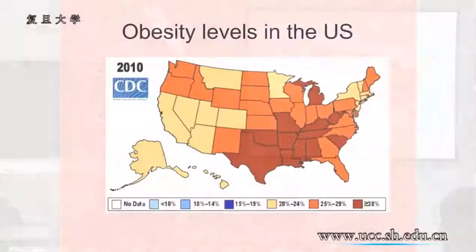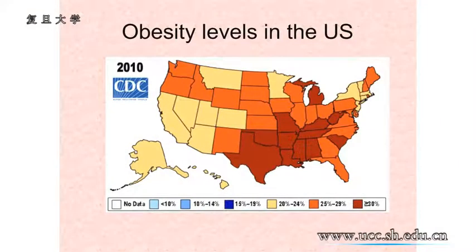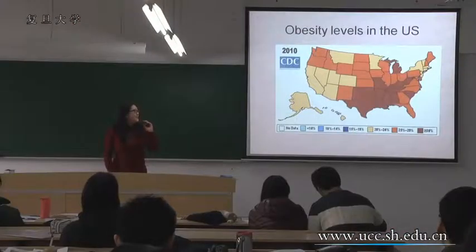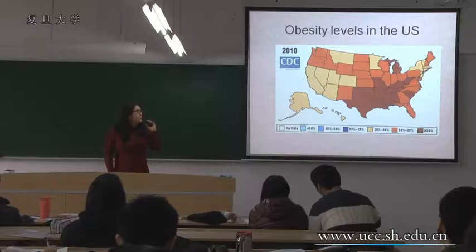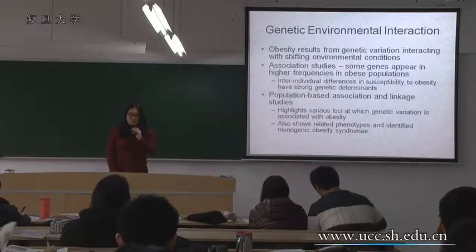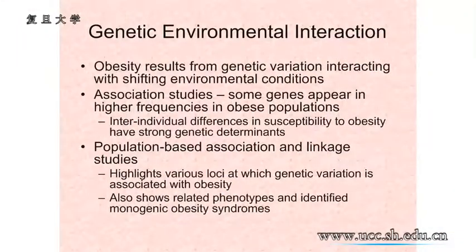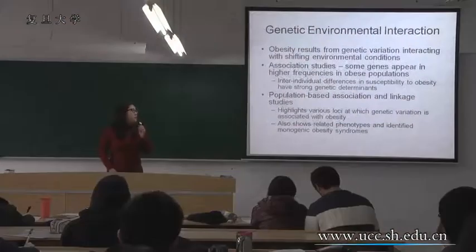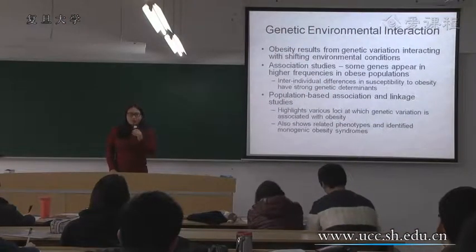So here is a chart or a map of America, and it shows you obesity levels from 2010. Some of them are well over 30%. And so there's a theory about the gene-environmental interaction that causes obesity, since obesity results from genetic variation as well as shifting environmental conditions.